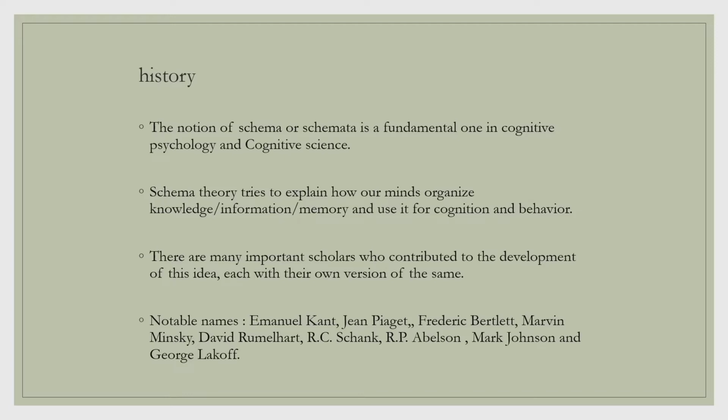So, basically what schema theory tries to do is explain how our minds organize knowledge. We are looking at the organization of the knowledge system from the very beginning, through categorization, through frame and then through schema.